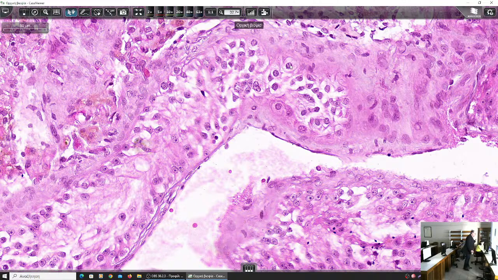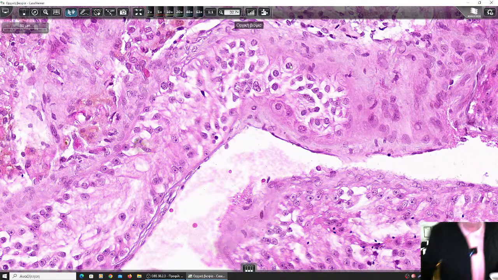All right? This is late stage spermatocytic arrest. Why? Because if we are able to identify elongated, mature spermatids, this is not arrest. This is complete spermatogenesis, as we have already stated.